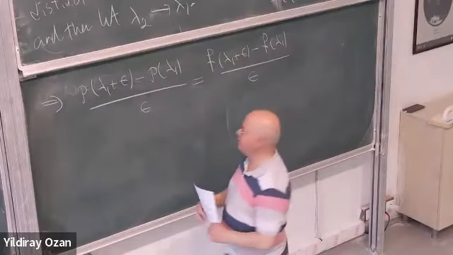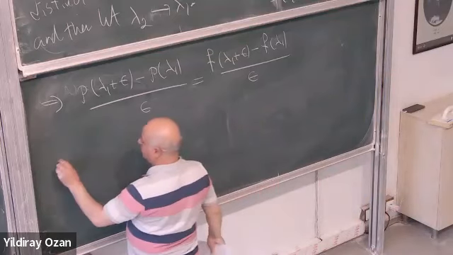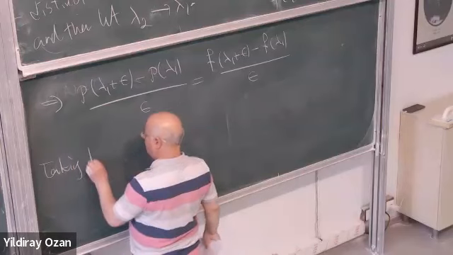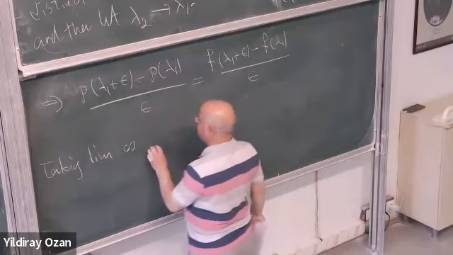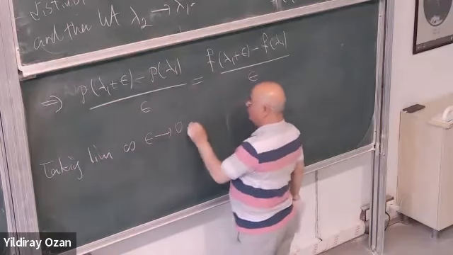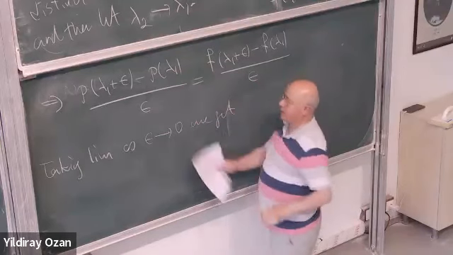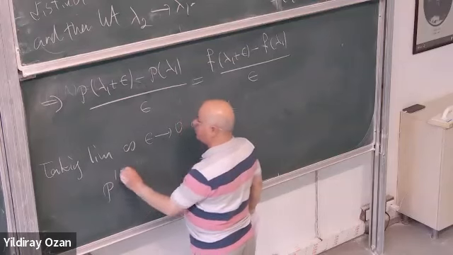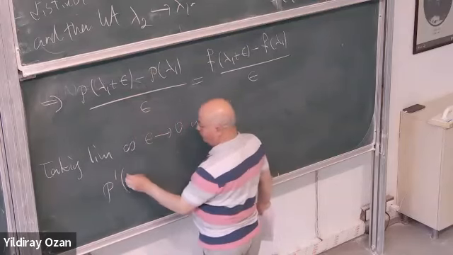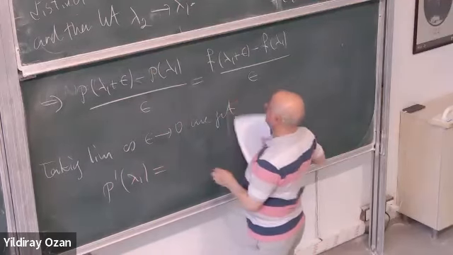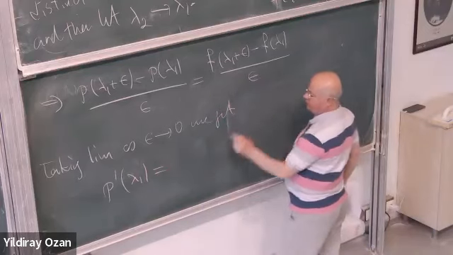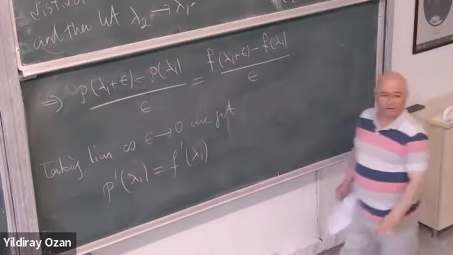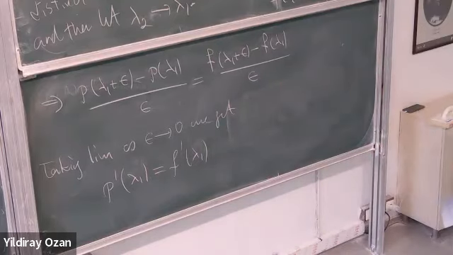And this is true for all epsilon. Taking the limit as epsilon goes to 0, since this is a polynomial, this will be just P prime of lambda 1, and this is an analytic function, again differentiable, so F prime of lambda 1.